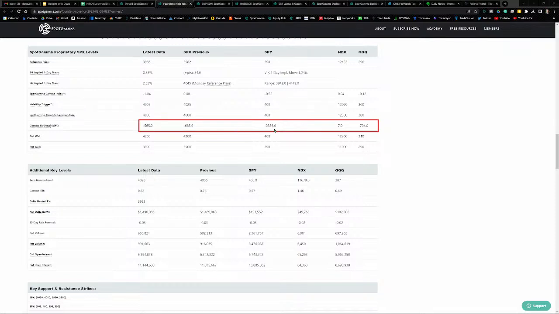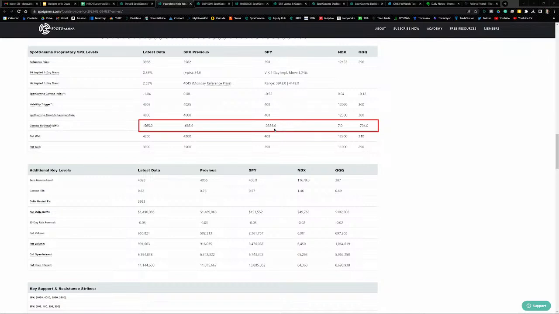Yesterday, gamma notional for SPY was minus 1321, and today it has shifted quite a bit more negative to minus 2336. And finally, QQQ gamma notional yesterday was minus 428. Today it's minus 704. And again, this is market makers' position on the gamma curve.